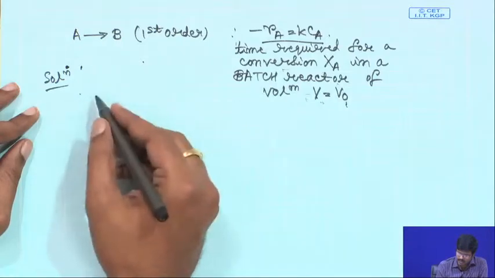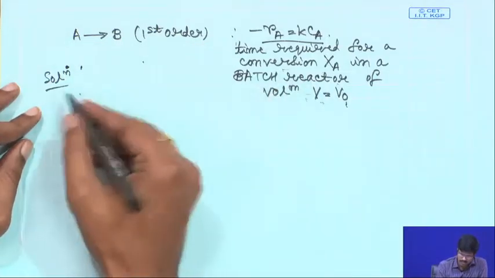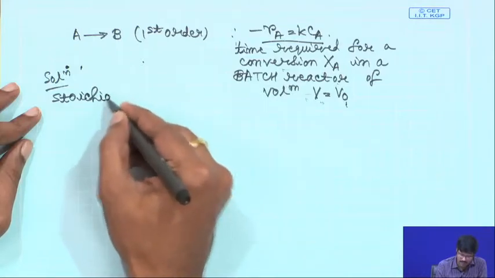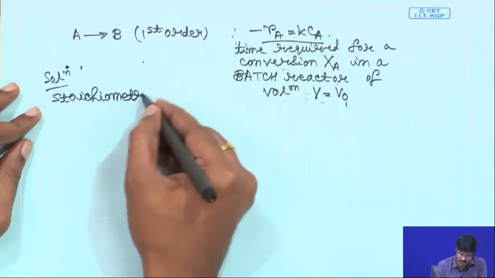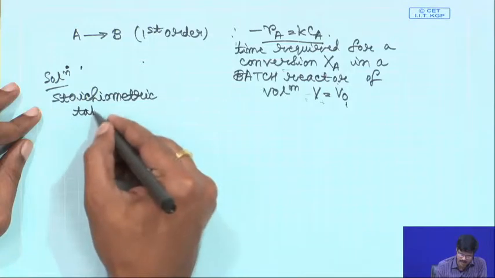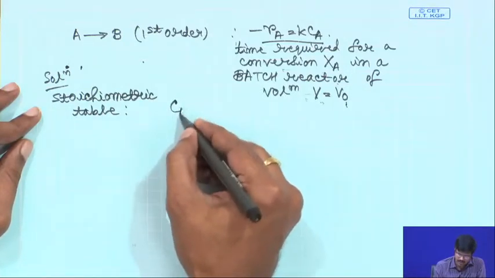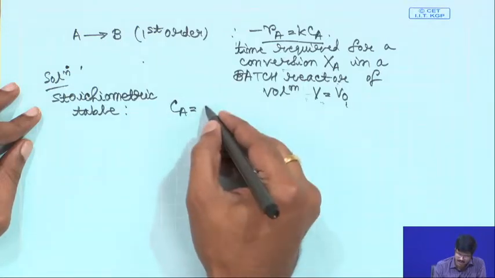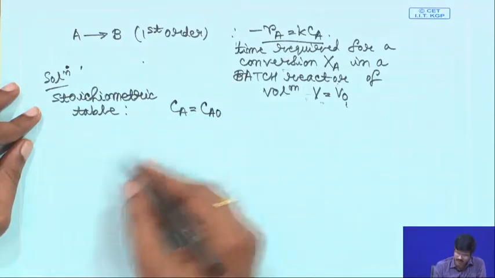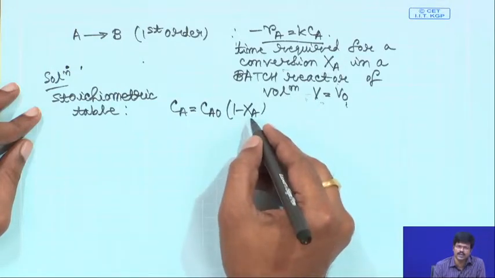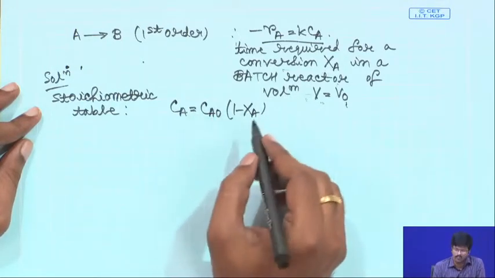Now, what is the stoichiometric table that tells you? So, what is the stoichiometry? Remember, we constructed a stoichiometric table for batch reactor before in a previous class. So, that tells you your concentration of A at a particular time t is equal to initial concentration of A into 1 minus X A, where X A is the conversion that has been attained by the reaction at that time.